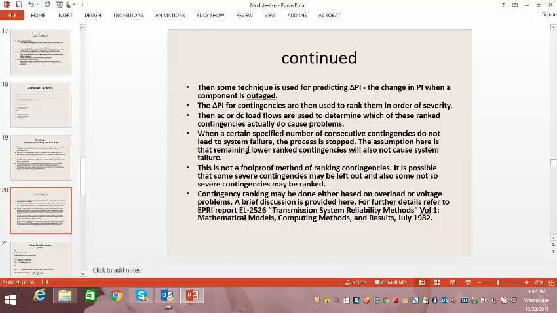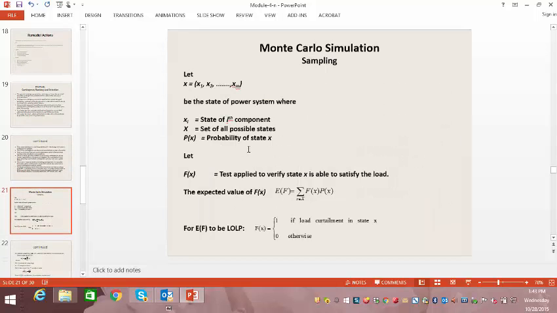Now you have to realize that this is not a foolproof method, because when you stop at a certain level, it is still possible that there may be contingencies below that which can cause loss of load. So there is a certain amount of approximation in all these contingency ranking and selection methods.